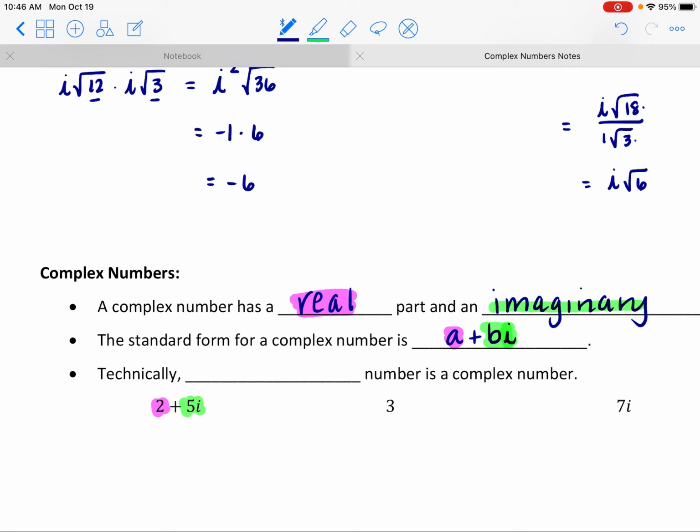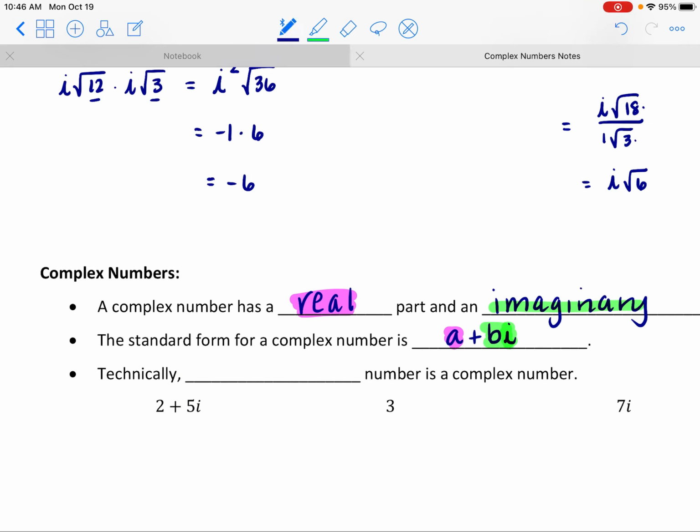Now, because addition is technically commutative, it's perfectly acceptable to say 5i plus 2. Those are equivalent, right? But the standard form says put the real number part first and then the imaginary part. So it's a little more proper to write it as 2 plus 5i.